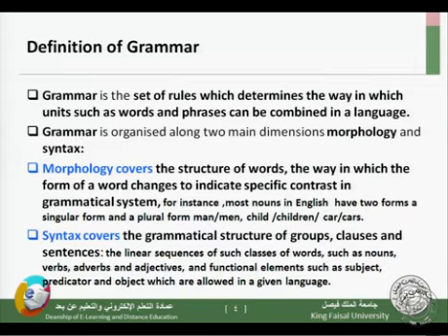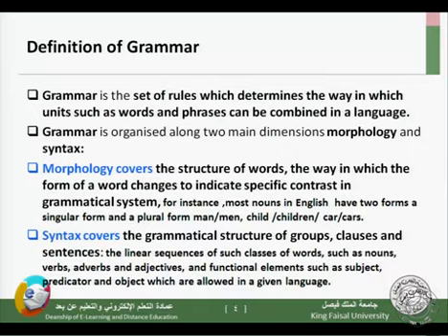Now, I like tea is a clause, but I don't like is another clause. So two clauses combined together with but makes a compound sentence. So you need to know all these elements of the language. The example I've given to you is just an example to explain what we mean by clauses. Now, due to lack of time, I can't go through every little term to explain to you, but you need to know all these terms.